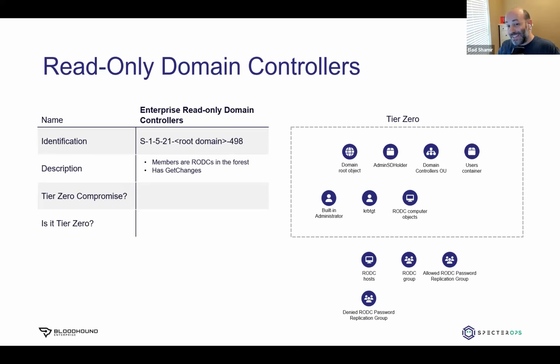Now, some people mistakenly think that having the get changes permission allows performing the DCSync attack, but that's not true. The secret ingredient for DCSync is actually the get changes all permission, which this group does not have, and therefore it doesn't allow compromise of tier 0, and therefore it also does not belong in tier 0.